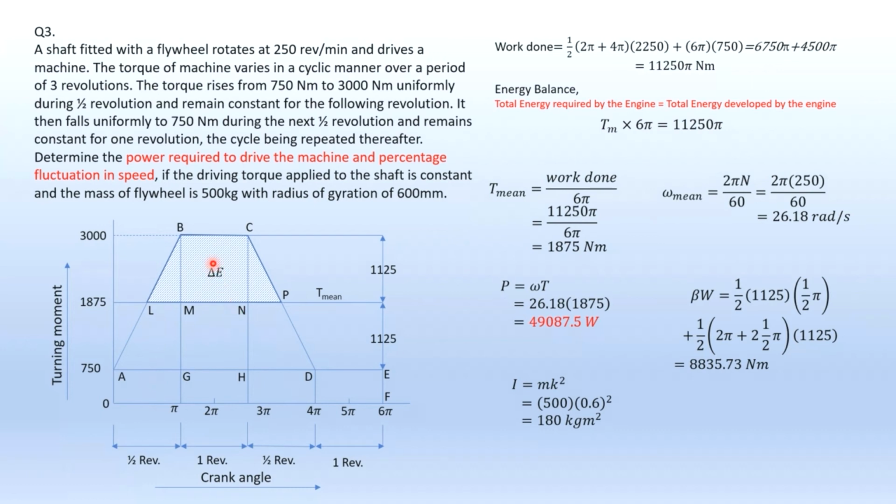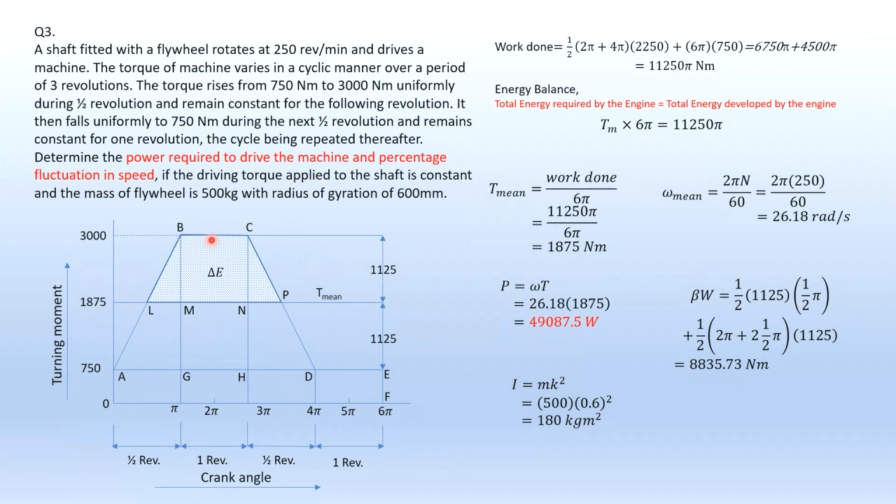So you have half times 2 pi plus 3 pi multiplied by 1125. That will give you the beta W straight away instead of following this. So you will have your beta W straight away as 8835.73 Newton meter. You straight away find out the area of this section which I have shaded.